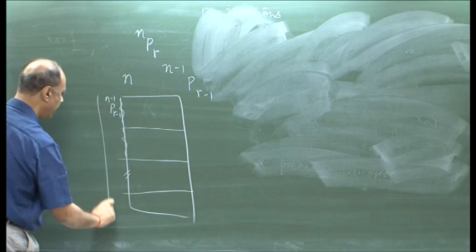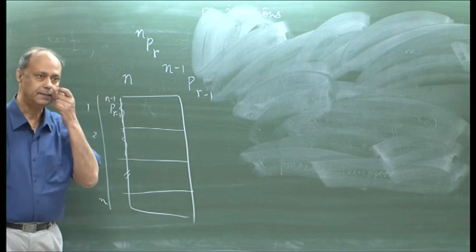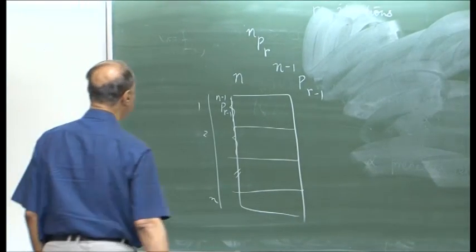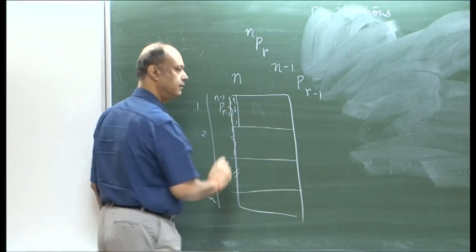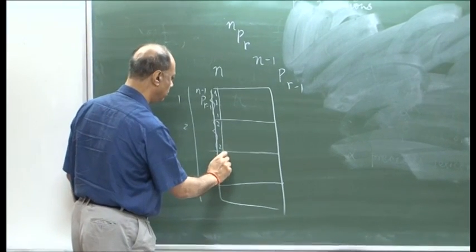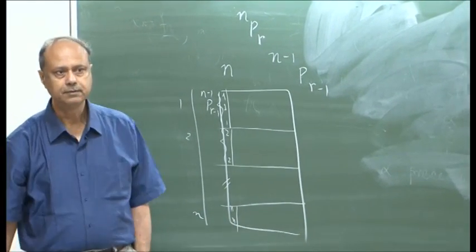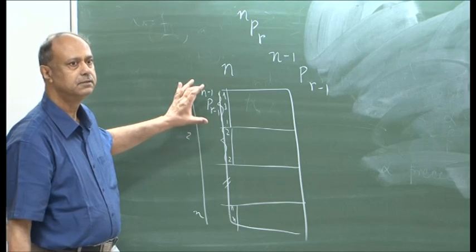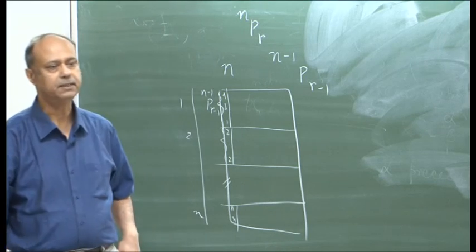How many such blocks? n blocks, each of size n minus 1 P r minus 1. Now the first block contains the first element 1. Now, the second block contains the first element 2, and the nth block contains the first element n. Is it okay? So, there are n blocks. First block contains 1, second block's first element is 2, and nth block's first element is n.